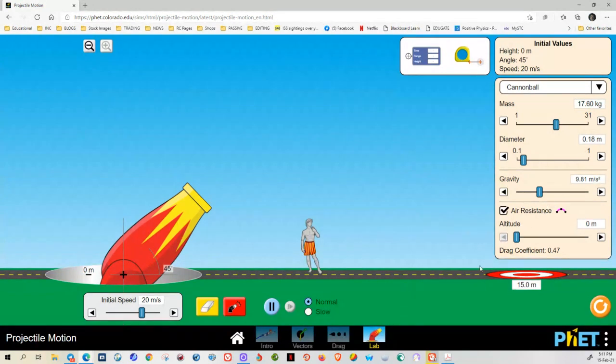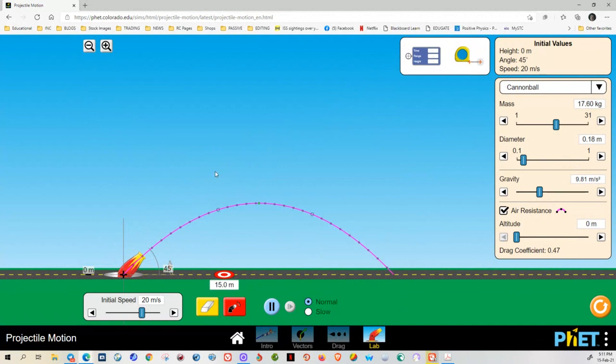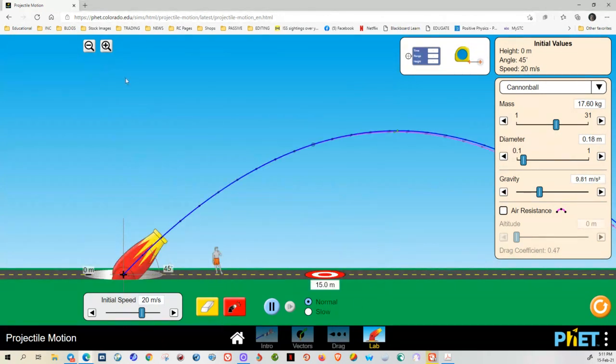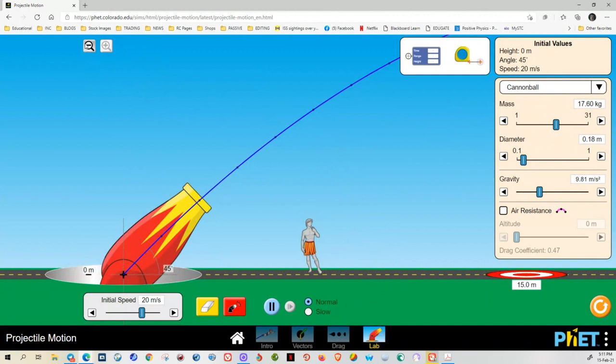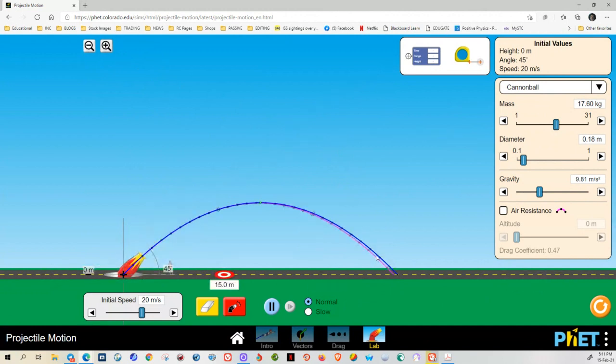Let's fire at 45 degrees with air resistance. Boom. Whoa, where did it go? There you go. If you remove air resistance and fire again with the same angle and initial speed, you will see that there is a small difference between them. Can you see the small difference between the lines?